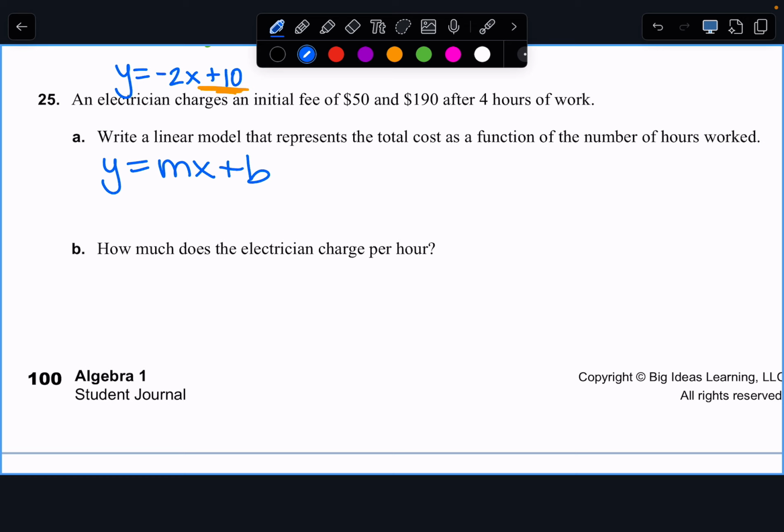So we know that after 4 hours of work, it's $190. And we know that after 0 hours, it's $50. Interesting.